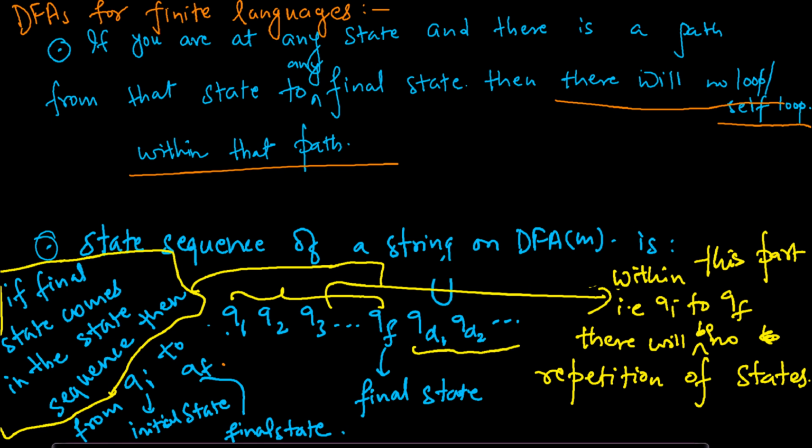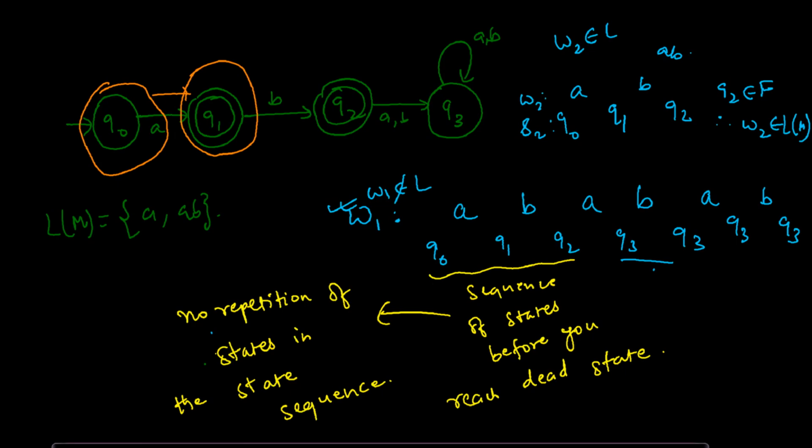And in this area, you can have repetition, maybe Q2, QD2, QD3, if it was minimal. We have seen that. When it was a dead state, it was repeating the dead state.